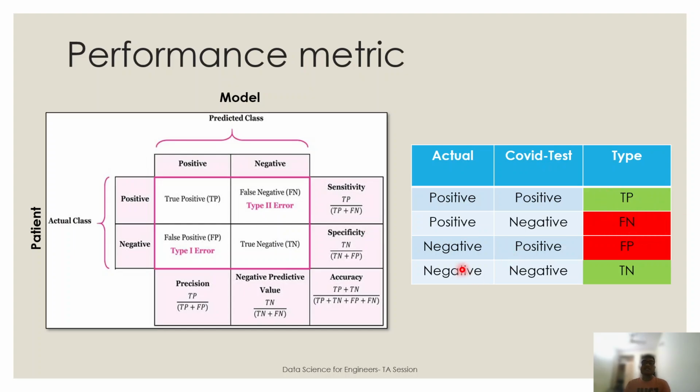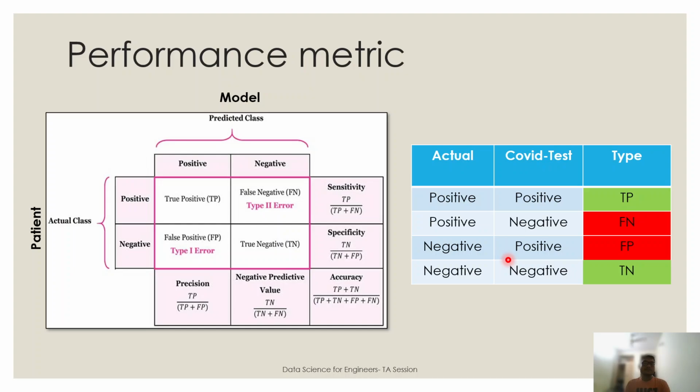Then another condition is negative and positive. Actually you are negative, you don't have any symptoms and all, but whatever the COVID test comes, it comes out positive. There are many people who are quarantined, their whole society is quarantined, and they are coming on TV saying that we don't have any symptoms, no cough, nothing, even though our COVID-19 test came out positive.